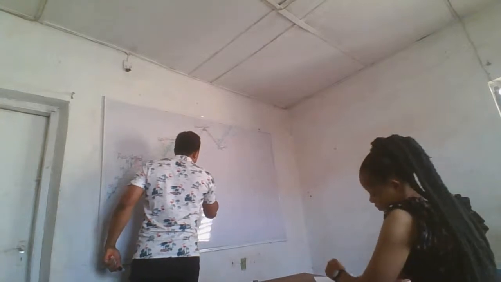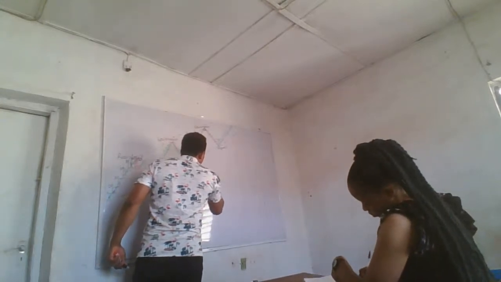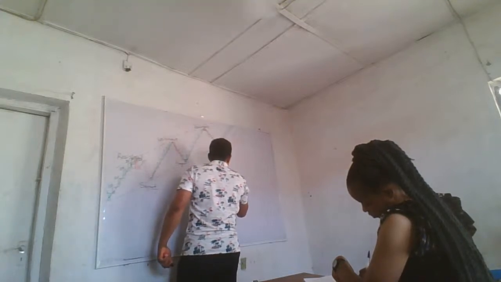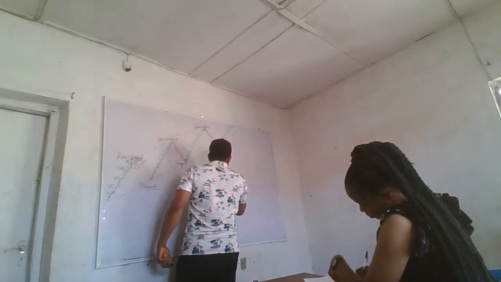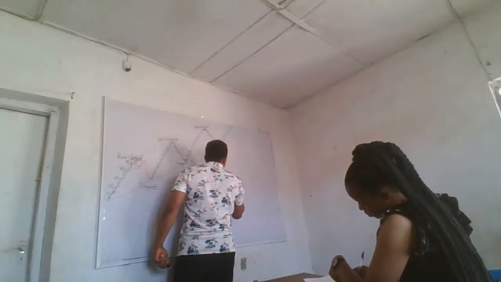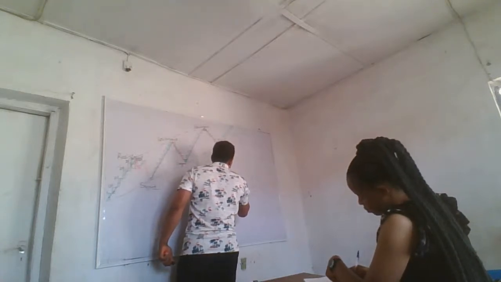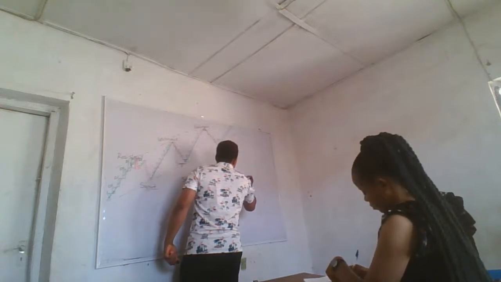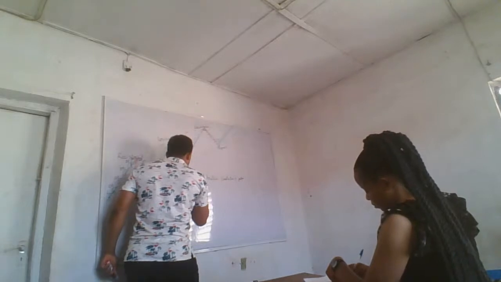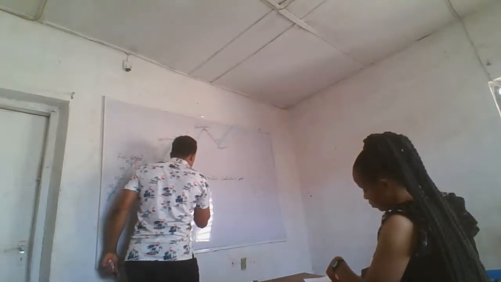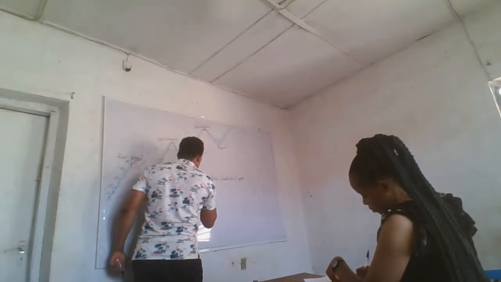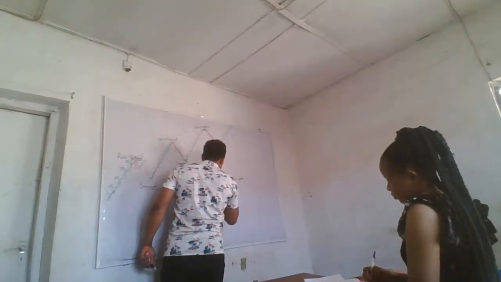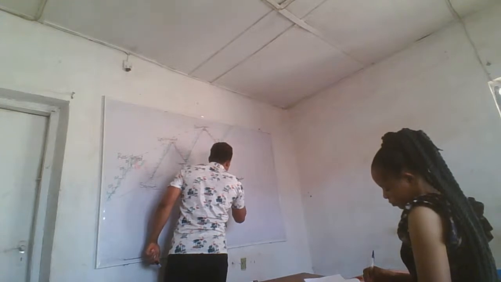Support equals bullish candlestick pattern. Then resistance equals bearish candlestick.